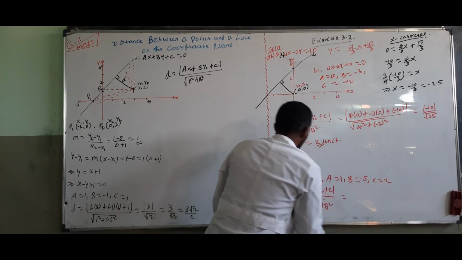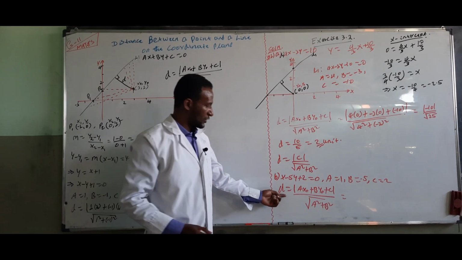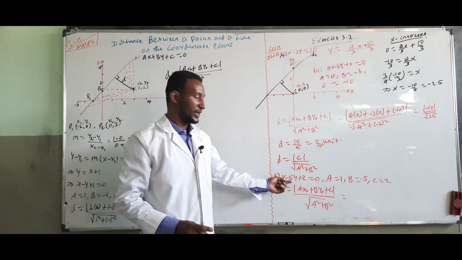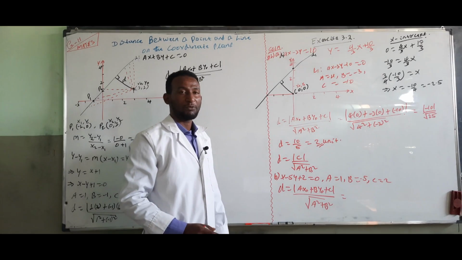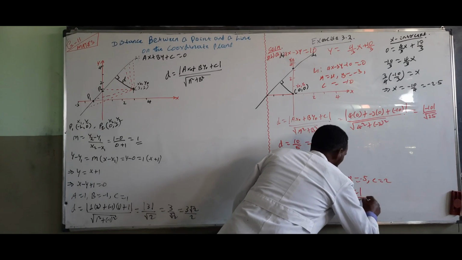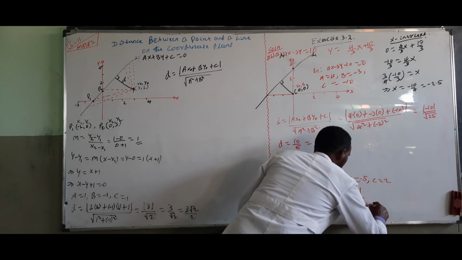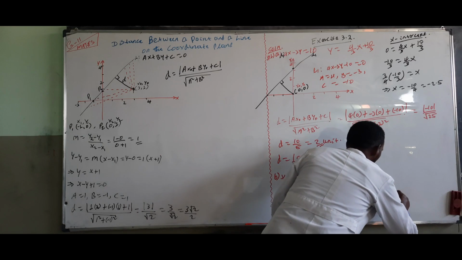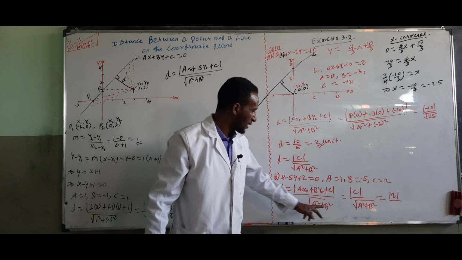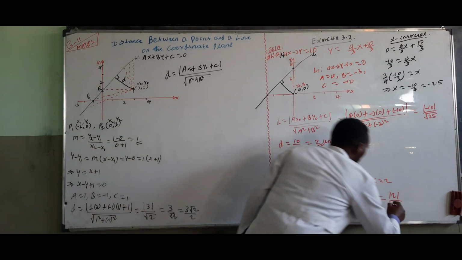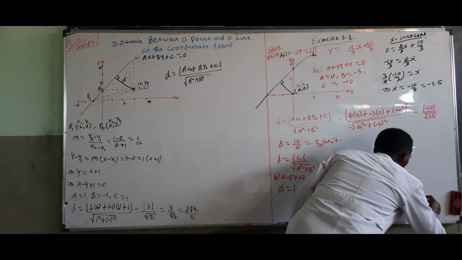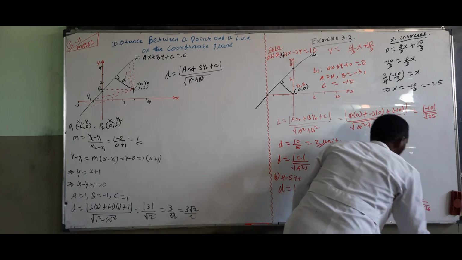Then the distance between the given point, the origin, and this general equation of line becomes the absolute value of c over the square root of a square plus b square, which is equal to the absolute value of 2 over the square root of 1 square plus 5 square, which is equal to 2 over the square root of 26.